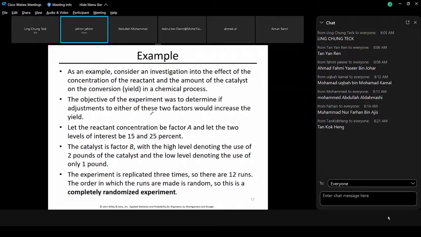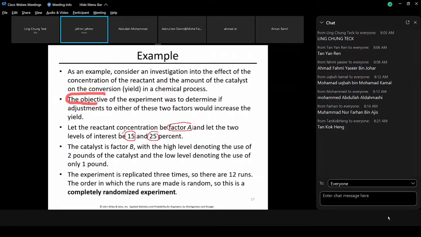For FYP project, you need to identify the objective of your study. The same thing applies to the objective of the experiment. That means what are the factors? Factor A, 2 levels, low and high.